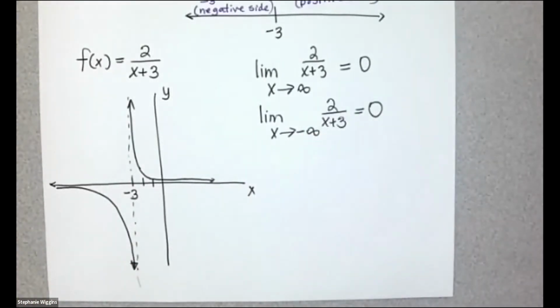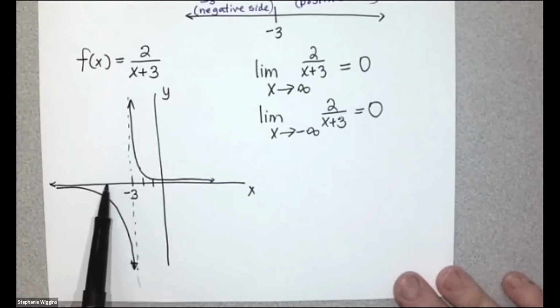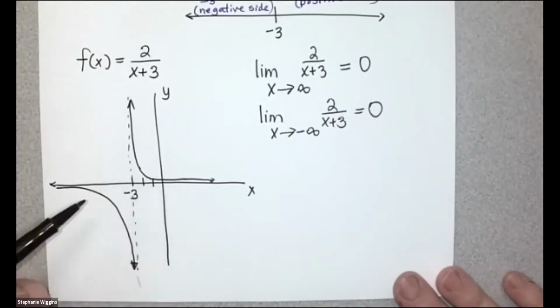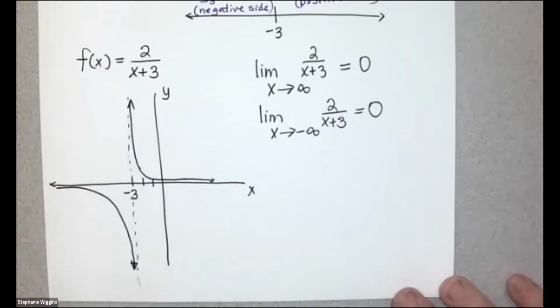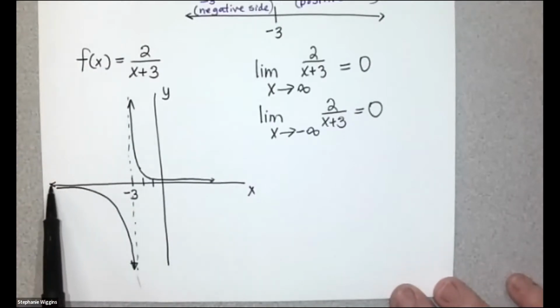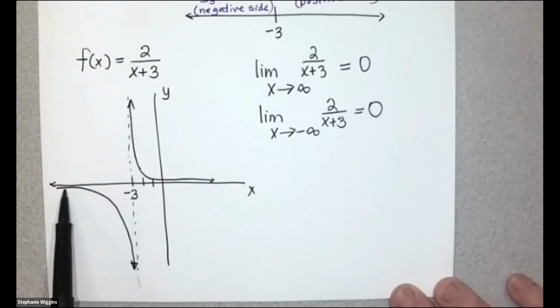Remember, limit values are y values. So you're always going to be asking yourself, what's happening to the function or the y values when I go off in a certain direction, or if I get close to a point? If I get close to -3, the y values are going off to -infinity and +infinity. But if x gets way out here to infinity, -infinity, the y values are getting close to 0.